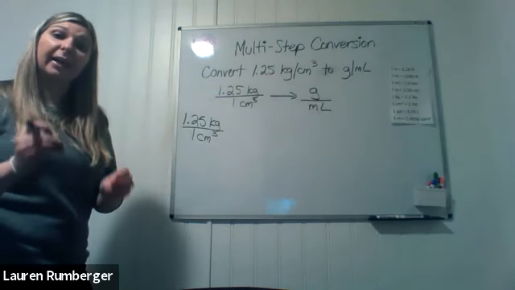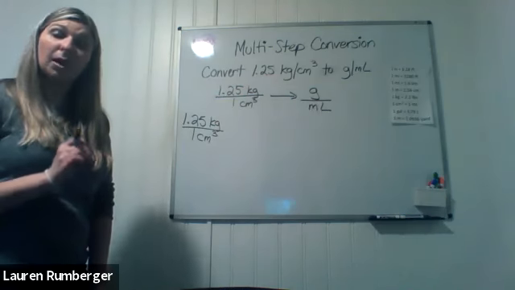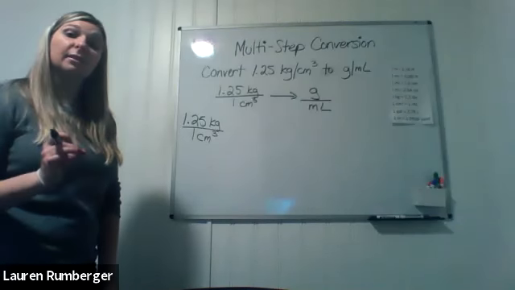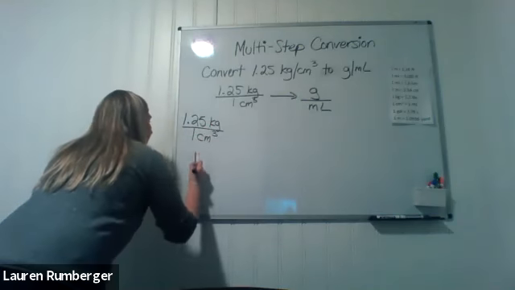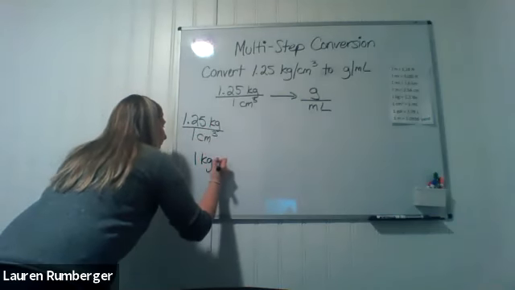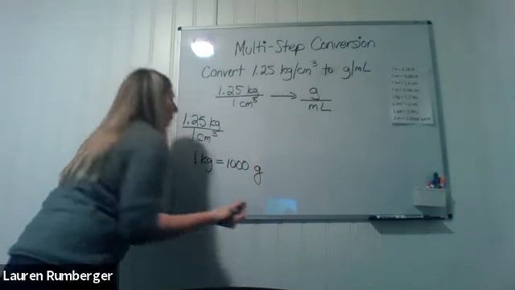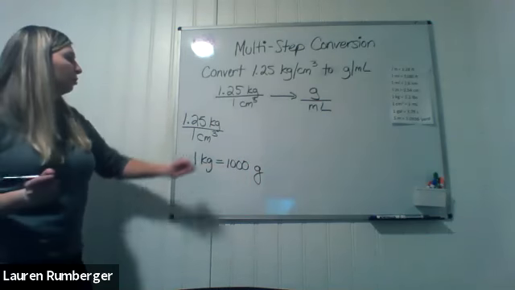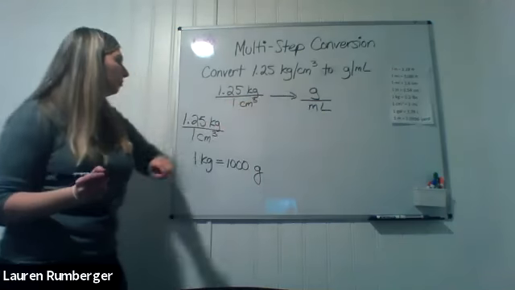We learned that there is 1,000 grams in 1 kilogram based on the prefixes that we must have memorized. So this is an equivalence that you must have memorized. 1 kilogram is equal to 1,000 grams. We're going to use this equivalence to change the kilograms to grams.